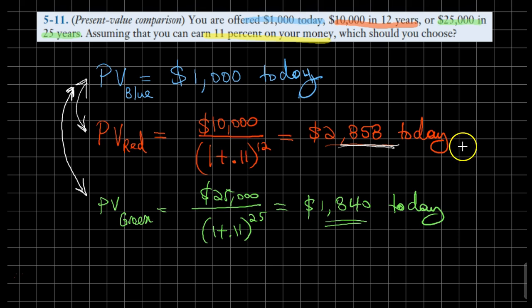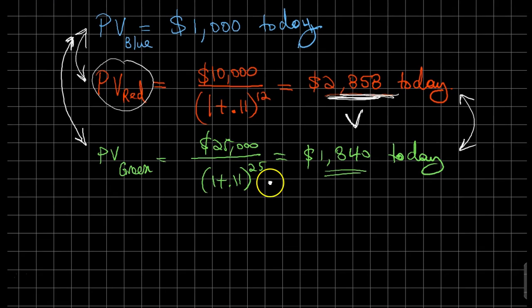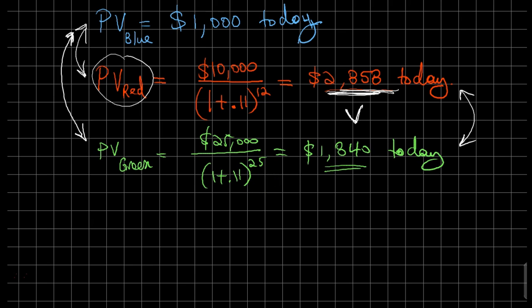But how about comparing the red and the green? It's obvious that the red has a higher present value than the green, so the red is better than the green. Ultimately, if we ranked these investments, the red investment would be the best one, followed by the green investment, followed by the blue investment.